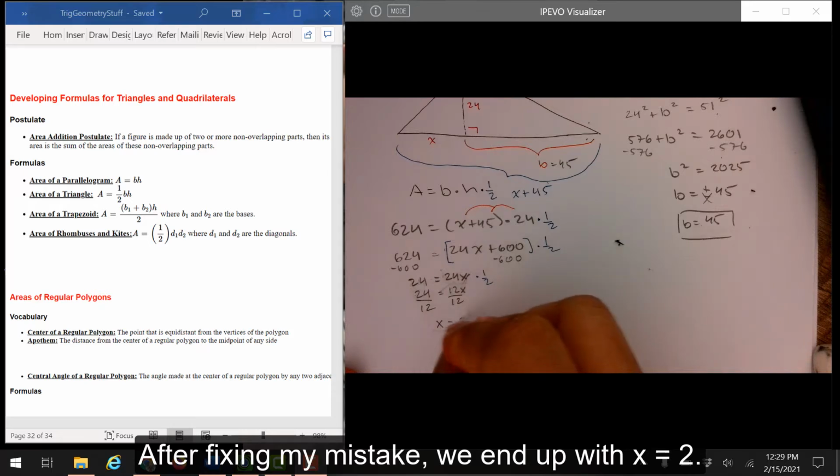After fixing my mistake, we end up with x equal 2.